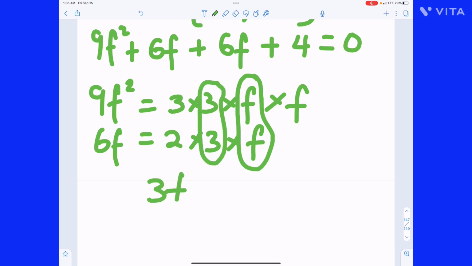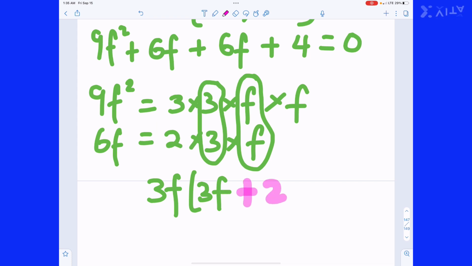That gives me 3f. In the first row, I'm left with 3f. That's how we get the remaining factors. Then in the second row, I'm left with plus 2. So the first half of the factorization will be 3f times 3f plus 2.